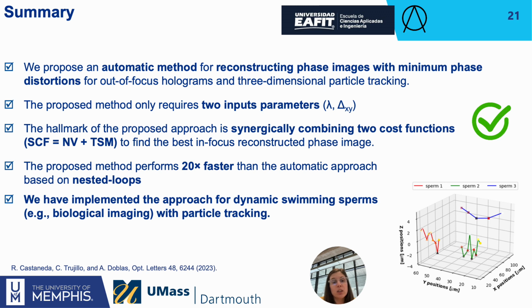The idea of this whole algorithm is the synergetic minimization of two cost functions. One, the normalized variance, helps us estimate the C, and the other one is the total summation metric that works on the phase image. It is definitely 20 times faster than doing this in for loops, and we have been able to implement it not only on static but also dynamic samples.